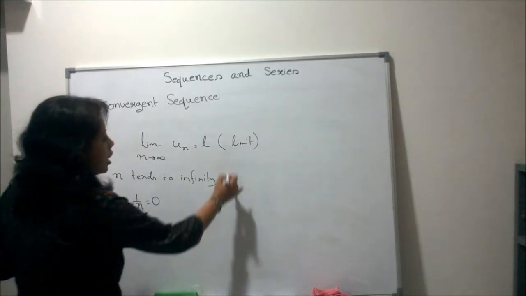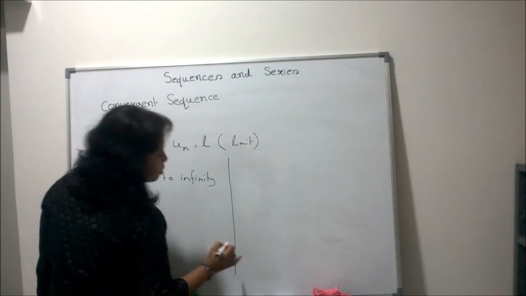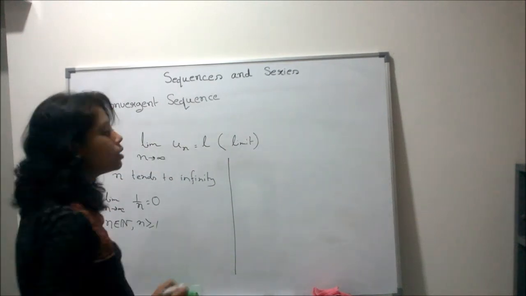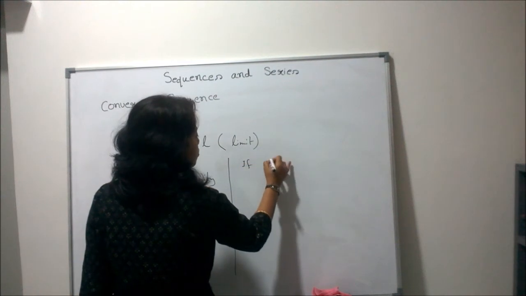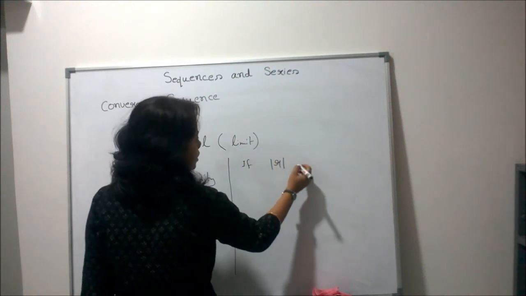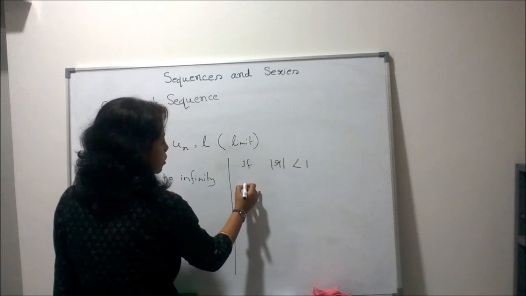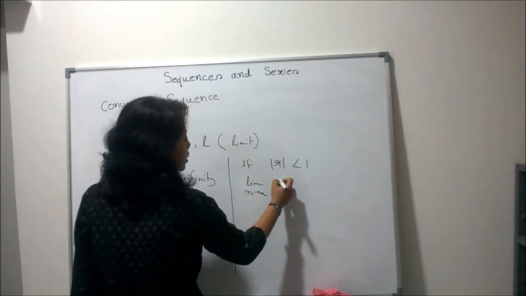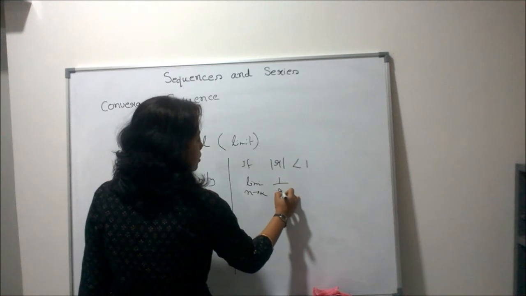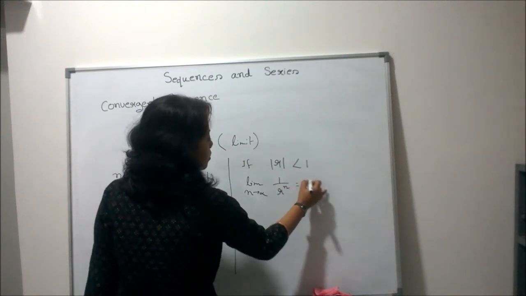Another thing you have to remember to proceed further: if we take a number r whose numerical value is less than 1, then limit n tends to infinity r to the power n is always 0.